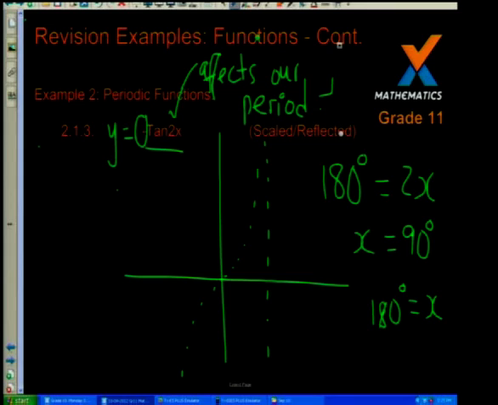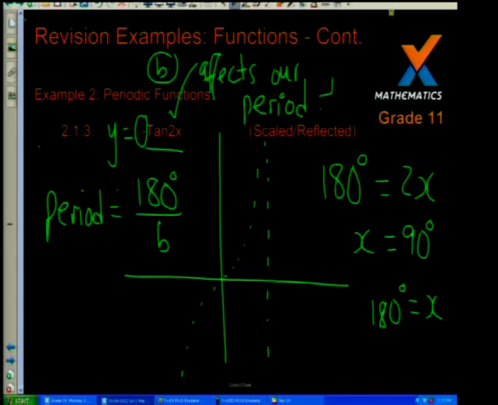Now, in this case, the period becomes, in fact, let's put it this way. The period will always be the period for the parent function divided by b, b being the coefficient of x. So that would be bx in this case.